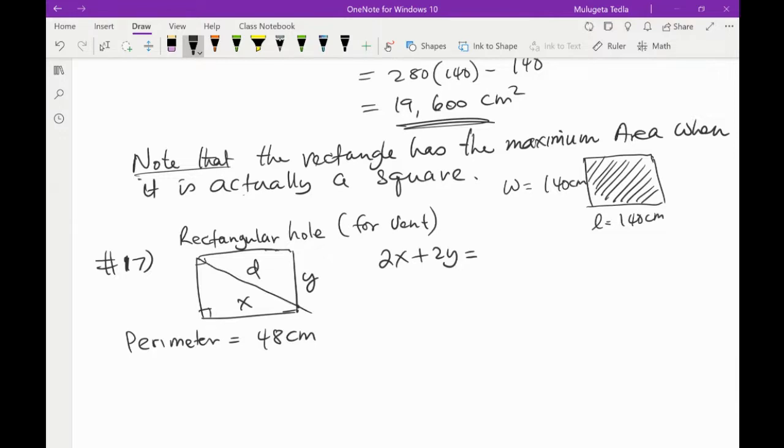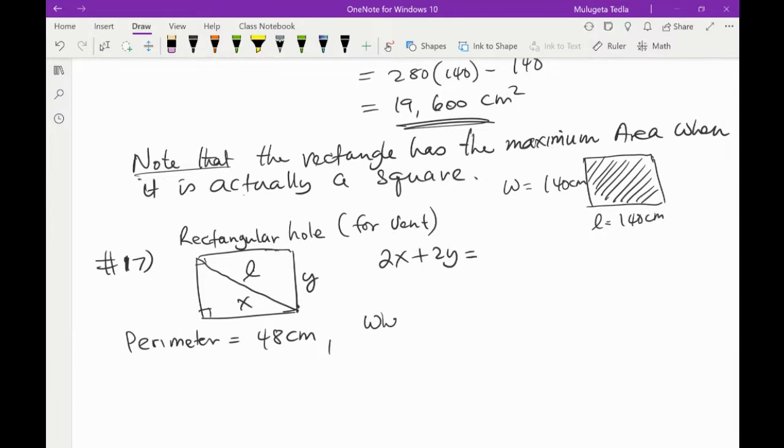This is minimum. Let's call it D or L. Let me call it L. So what is the minimum L? What minimum value of L will make this happen?